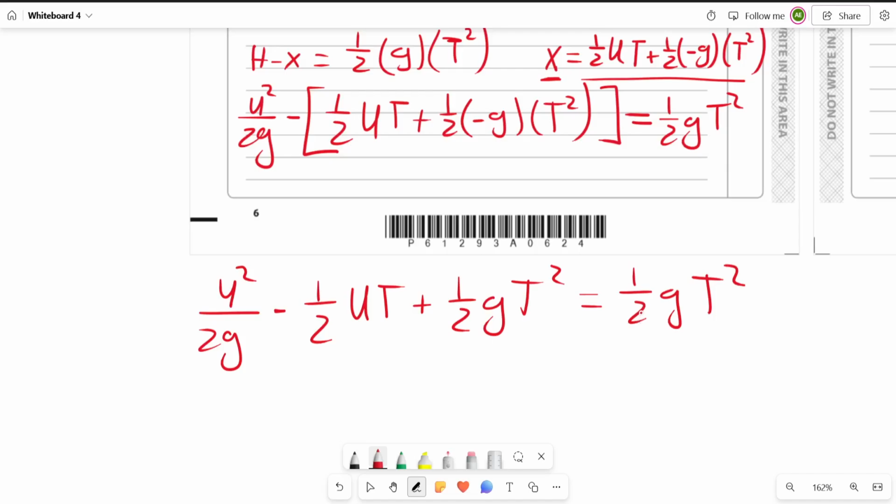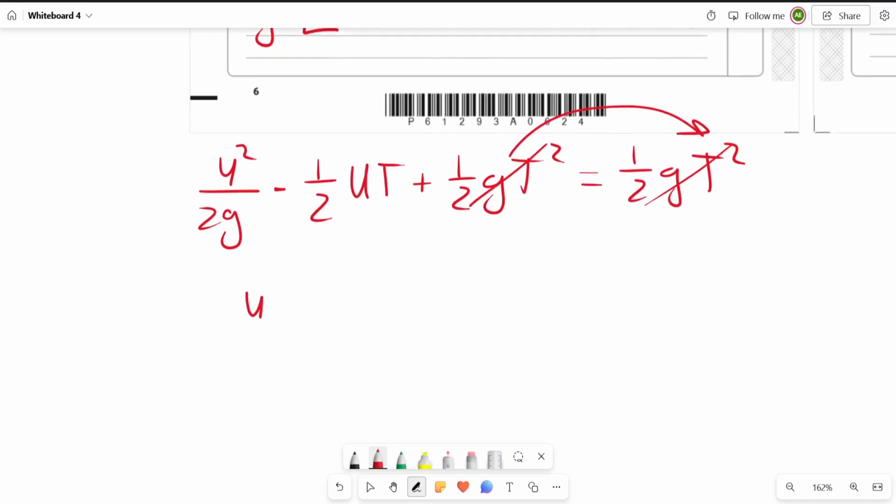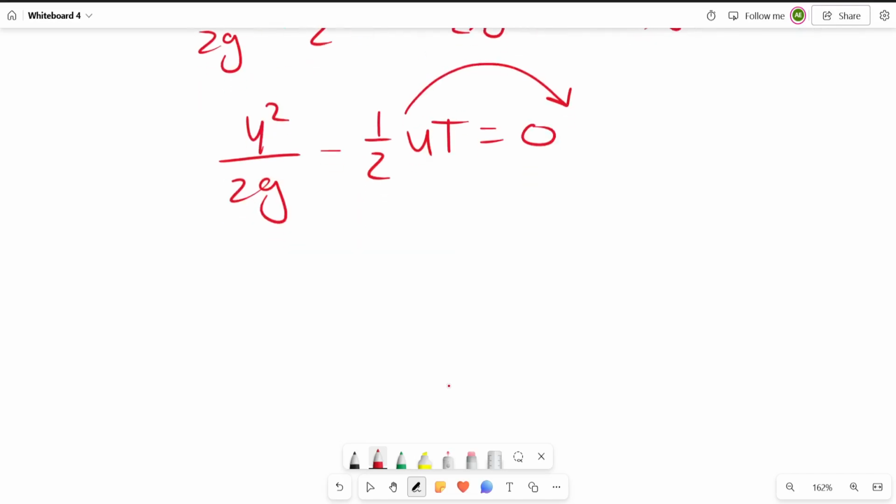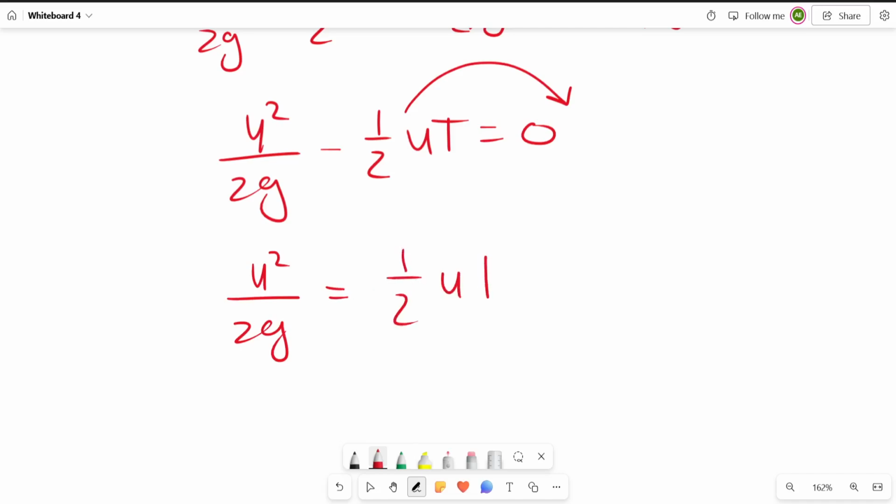I can see from here that instantly half gt squared, if I move it to the other side, is going to become minus half gt squared, and this is going to cancel with this. So this whole thing cancels, and I'll be left with u squared over 2g minus half u t equals 0. So I can move this to the other side. I'm going to be left with u squared over 2g equals half u times t.